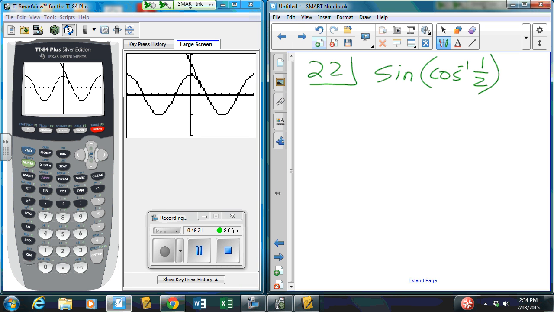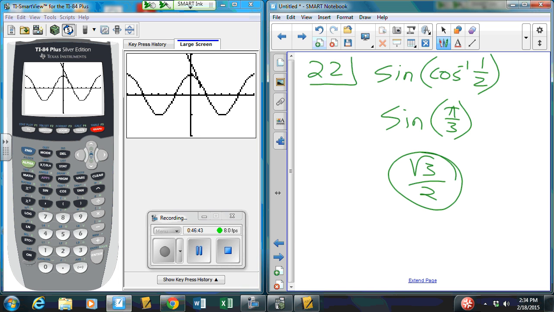Well, if you look at pi thirds, its x value is 1/2, right? So pi thirds is the inside answer, so we're going to replace the cosine inverse of 1/2 with pi thirds. Now, what is the sine of pi thirds? Root 3 over 2. There's your answer. Got it?